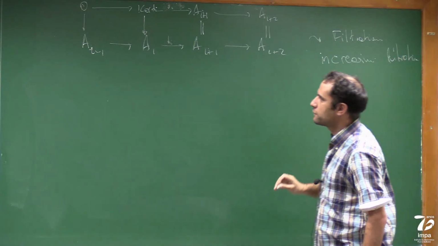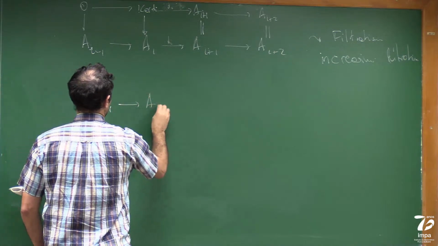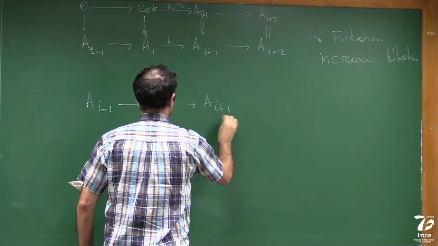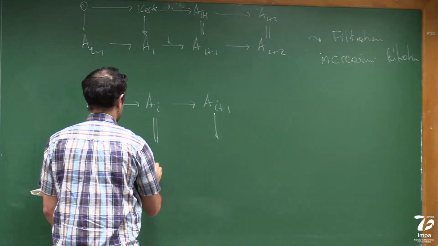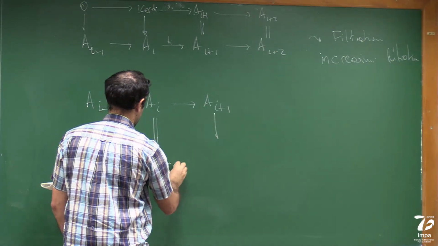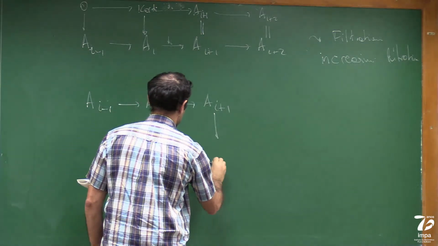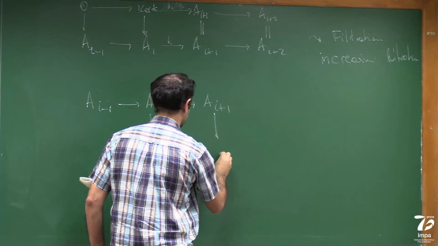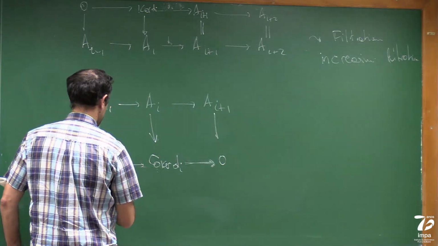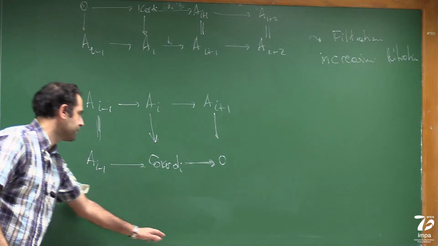So let's do a decrease in filtration by looking at the co-kernels. And so forth. And now this gives you a decrease in filtration.